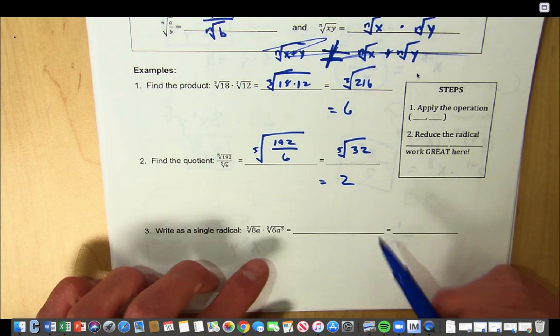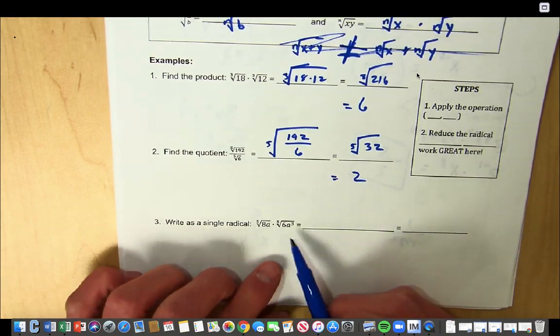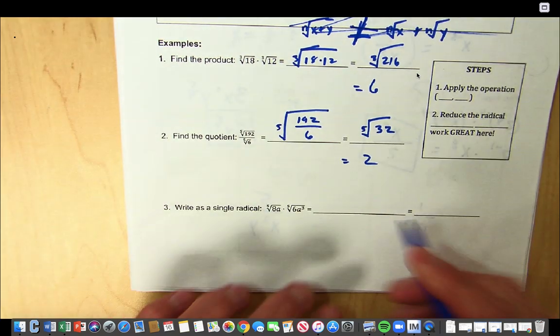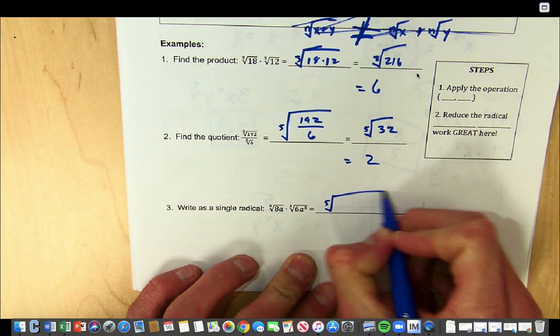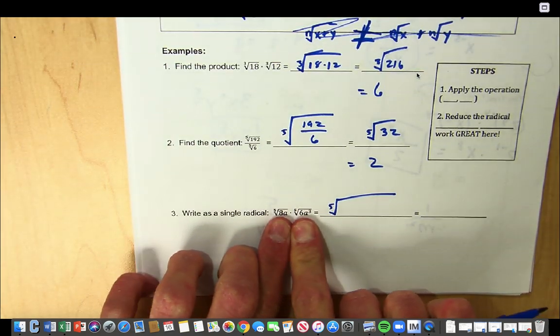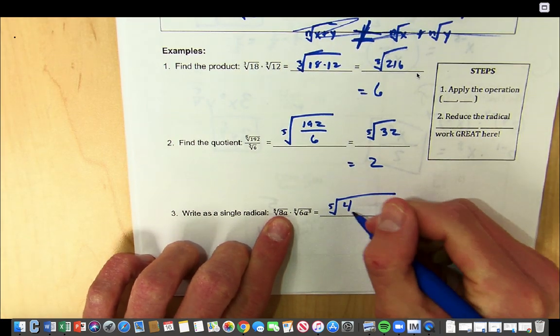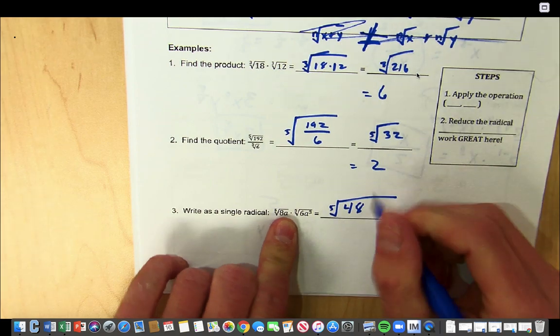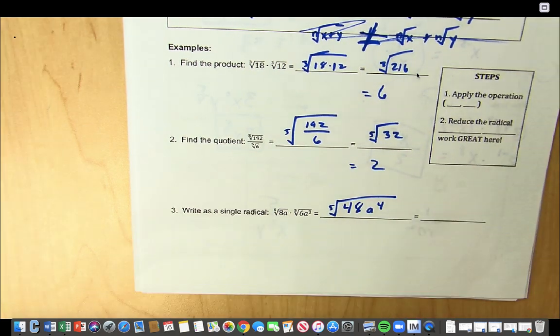Last one, if you're going to write this as a single radical, you have 2 fifth roots multiplied individually, so you can combine them into 1 fifth root. 8 times 6, well, 8 times 6 is 48. A to the first times a to the third is a to the fourth.